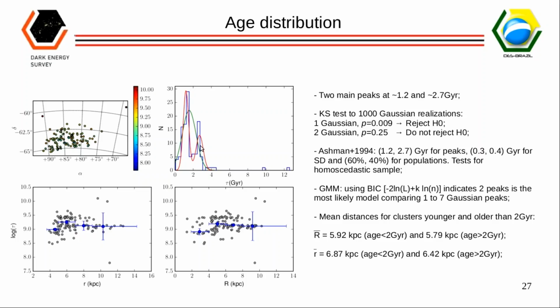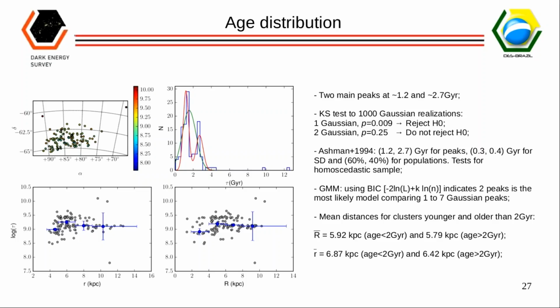We applied two Kolmogorov-Smirnov tests, one comparing this sample to 1,000 samples made from one Gaussian. The hypothesis test indicates that we can reject one Gaussian and we can accept two Gaussians.